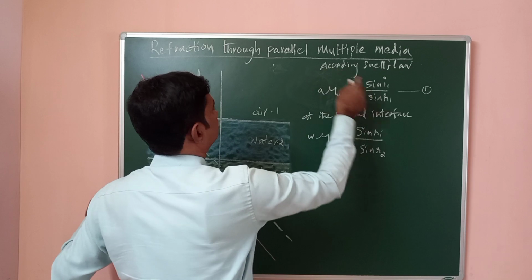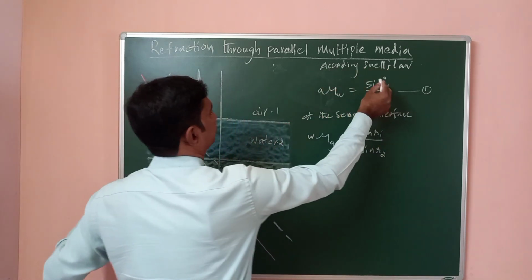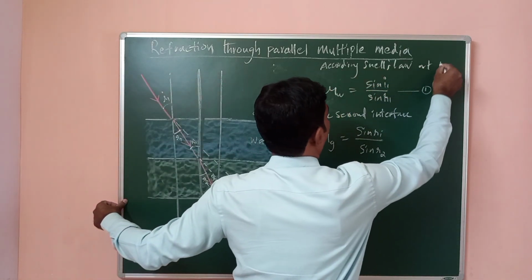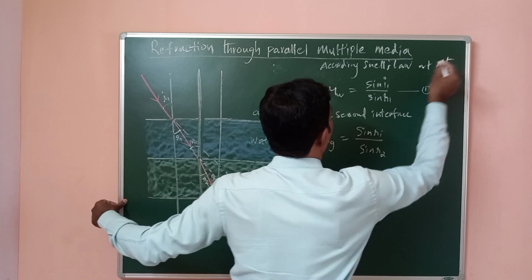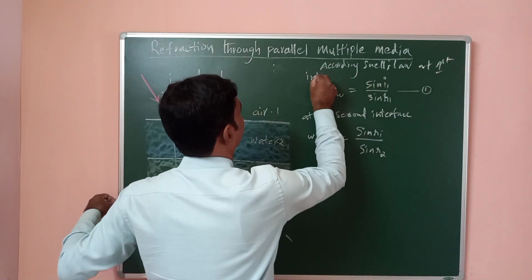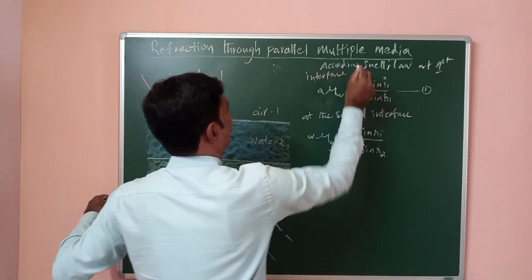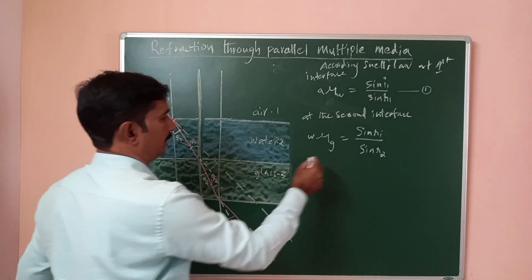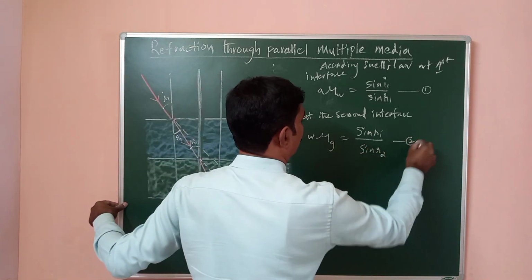This is Snell's law at the second interface. Now we will consider this equation to be 2.